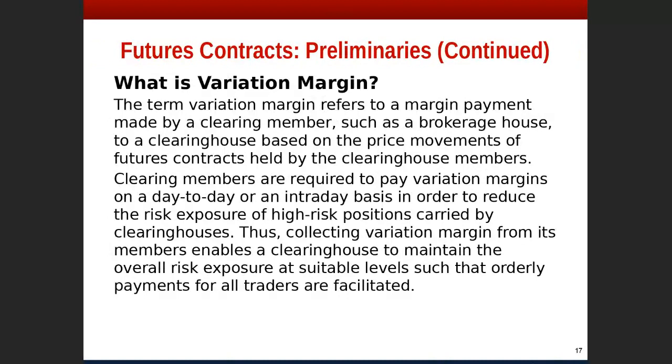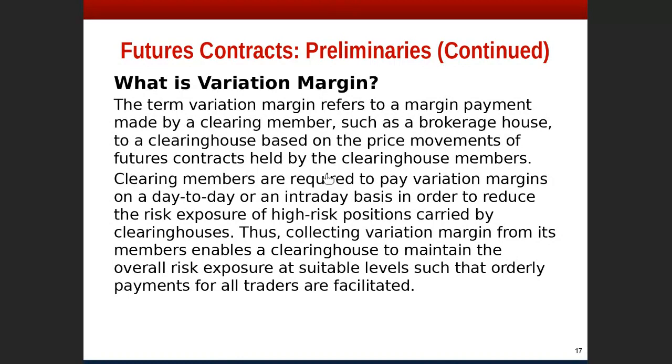Another important concept in the futures market is known as variation margin. Now, what is variation margin anyway? Well, the term variation margin refers to a margin payment made by a clearing member, such as a brokerage house, to a clearing house based on the price movements of futures contracts held by the clearing house member.